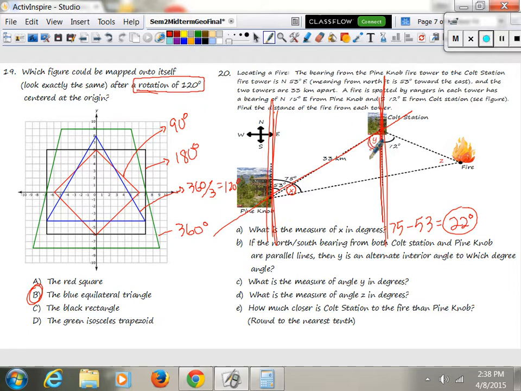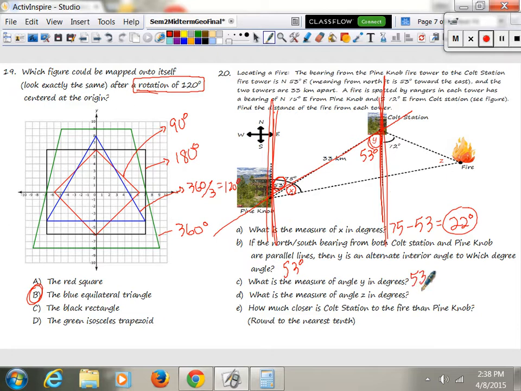So this angle would be alternate interior to this angle. Those two would be on alternating sides, and they'd be in between the two lines. So that's 53 degrees. That means y is also 53 degrees because alternate interior angles are congruent. What is the measure of y? We put that, 53.